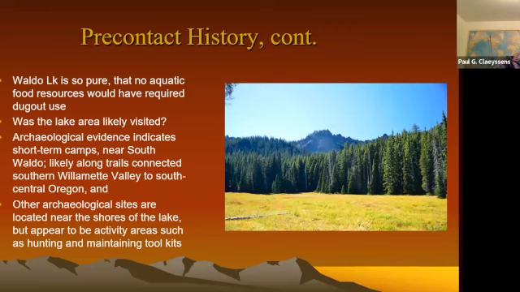There is evidence of maintaining obsidian toolkits, possibly related to not just hunting, but maybe also collecting of foods and medicines from the forest. But it doesn't appear to have been a real concentrated area of use. So it's probably very transitory in pre-contact times.